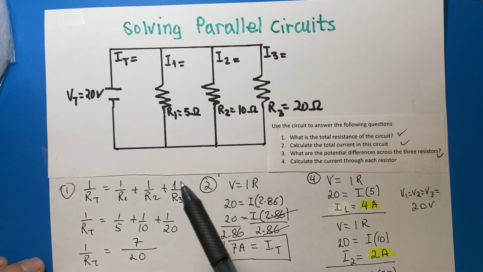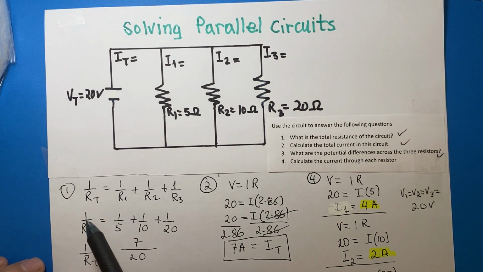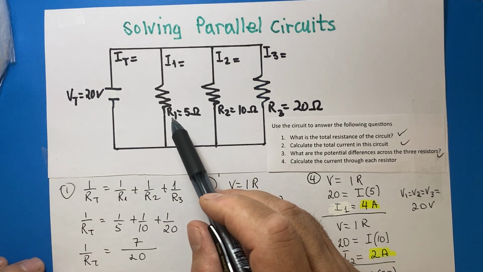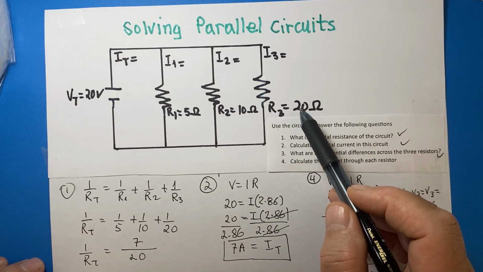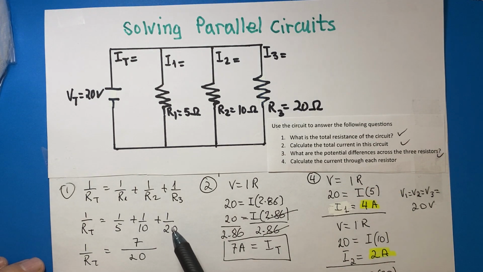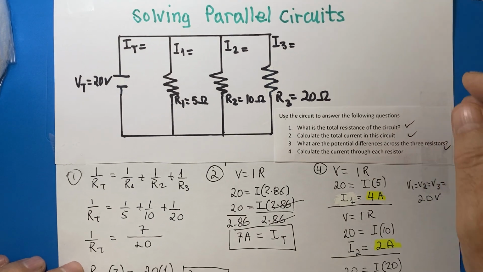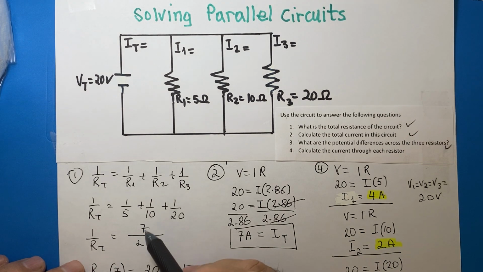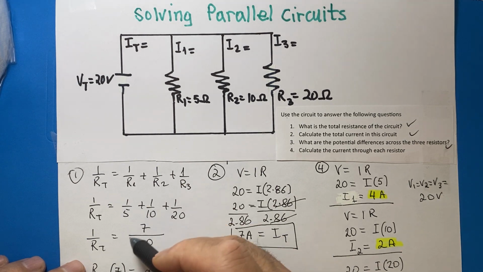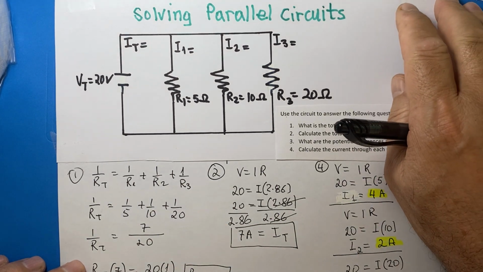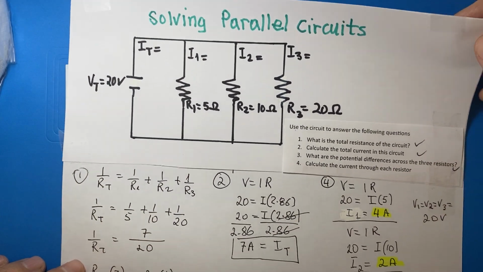And we plug in the known values here. 1 over RT equals 1 over 5, the resistance for the first resistor, plus 1 over 10, plus 1 over 20. We add these three fractions and we get 1 over RT equals 7 over 20. Now be careful, this is not the value of the total resistance, it's the inverse.